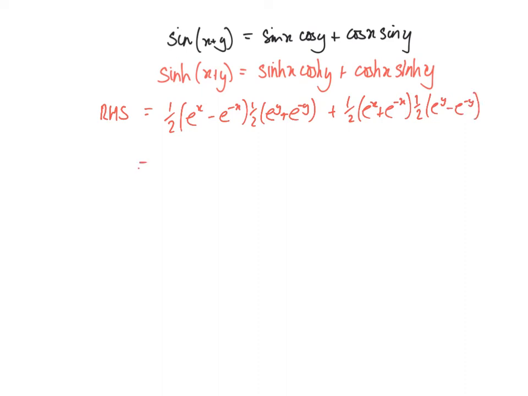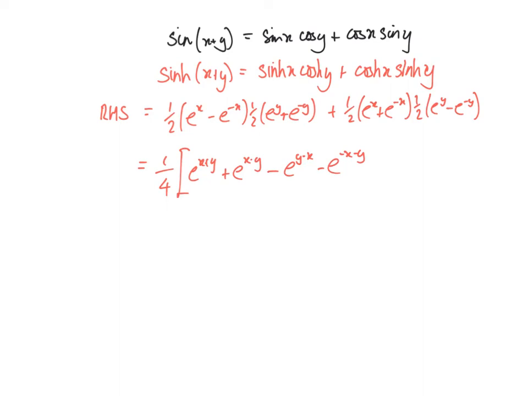So if we multiply through this, I get a quarter upon e to the x plus y. e to the x times e to the minus y is e to the x minus y, minus e to the y minus x, and then minus e to the minus x times e to the minus y is minus e to the minus x minus y.